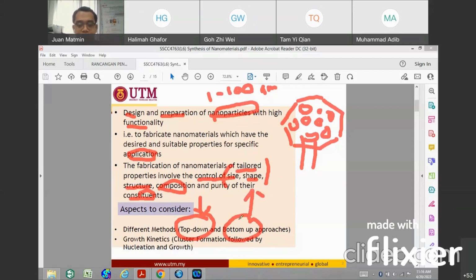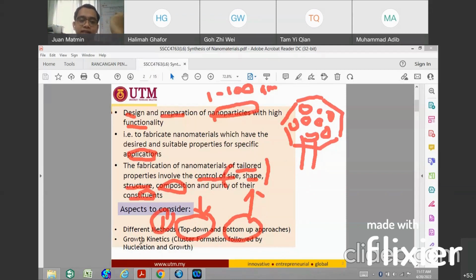We are going to see the difference. And this is the first aspect you have to consider in fabricating a nanomaterial: how we do it. If we have something big, bulk, we make it top-down, or we design it from molecules, adding to it to fabricate it. So this is bottom-up. You have to consider method 1 or method 2.